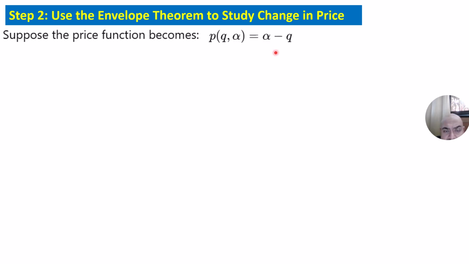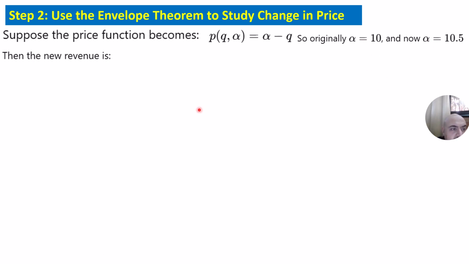So instead of having the price which is 10 minus Q, I will put it as alpha minus Q. This is for the explanation only, but for the solution of the problem, you will see it's very simple. Originally alpha is equal to 10, and alpha will change to 10.5. That's the parameter that will change.